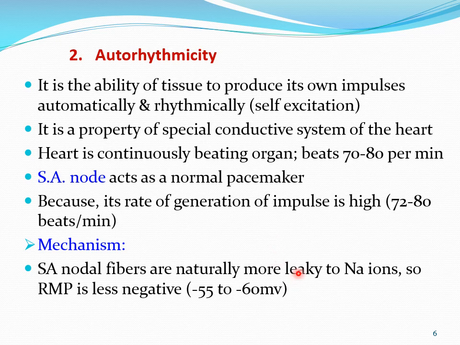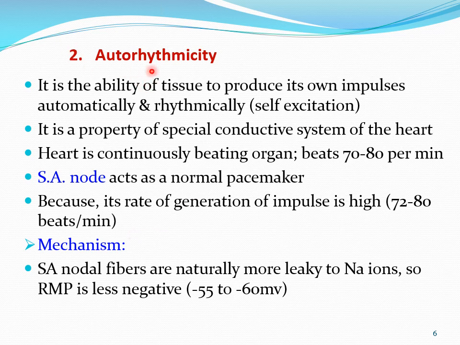The pacemaker in the heart is the SA node. SA node acts as a pacemaker. Why does the SA node act as a pacemaker? Because its rate of generation of impulses is high, about 70 to 80 beats per minute.